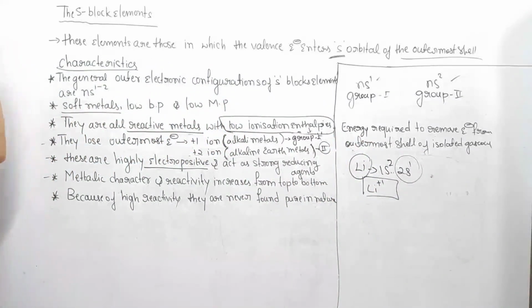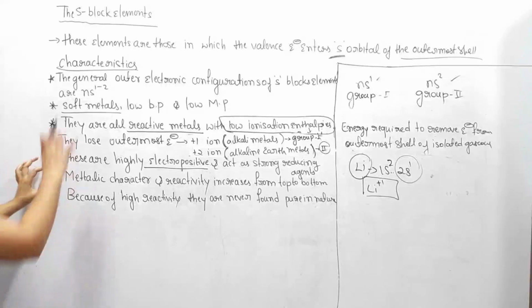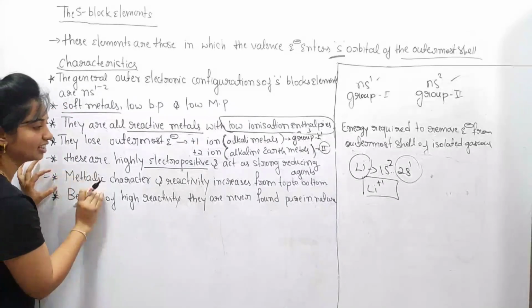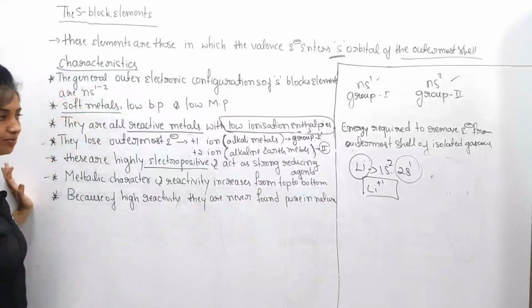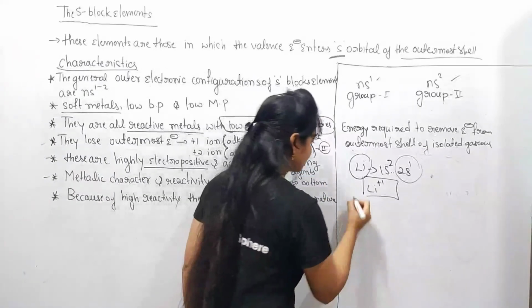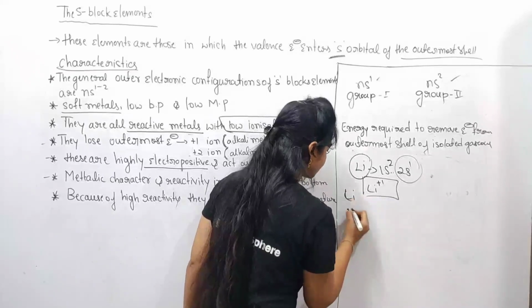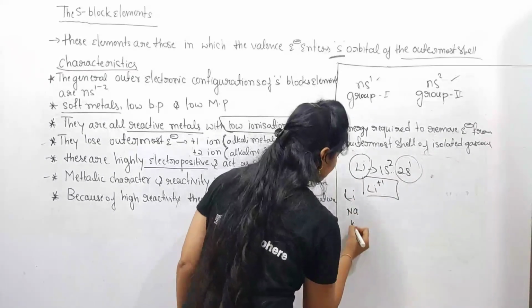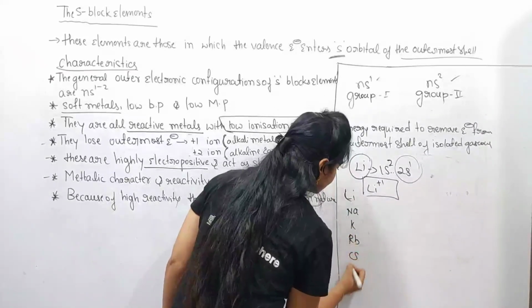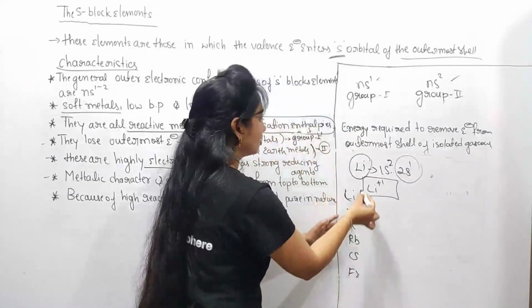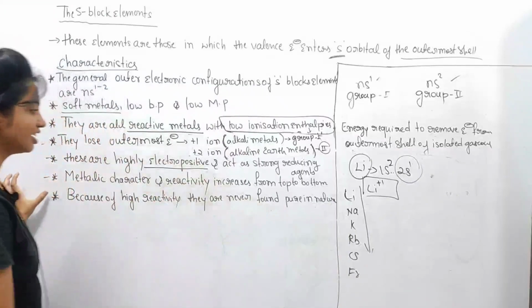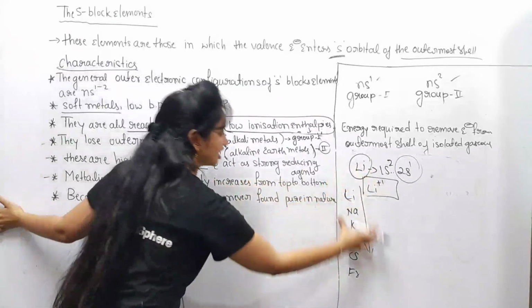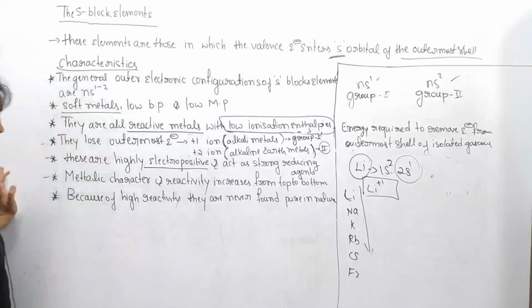In the S block elements, the metallic character and the reactivity increase from top to bottom. From top to bottom means lithium, sodium, potassium, rubidium, cesium, francium. From top to bottom, the metallic character increases and the reactivity also increases.